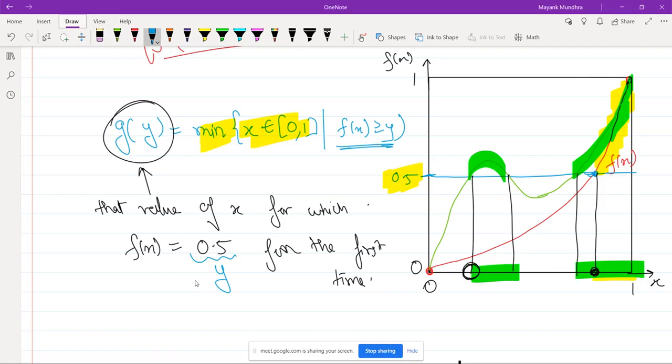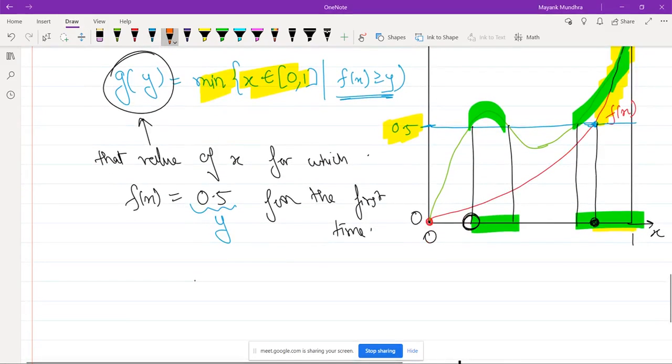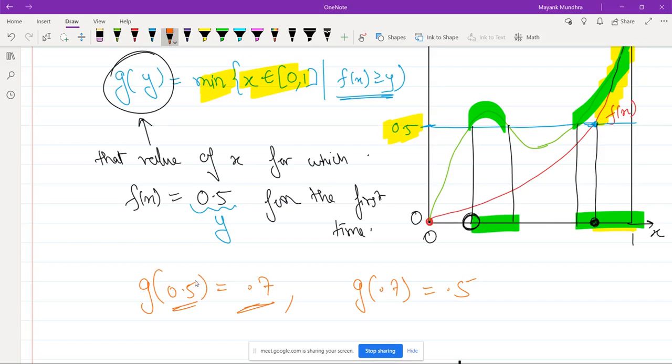And you're saying that g is decreasing. So let's say you have a situation where g(0.5) is equal to 0.7 and g(0.7) is equal to 0.5. So the first time it achieves 0.5 is at 0.7, but the first time it achieves 0.7 is at 0.5.